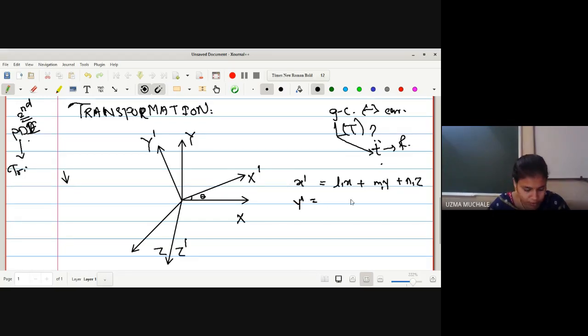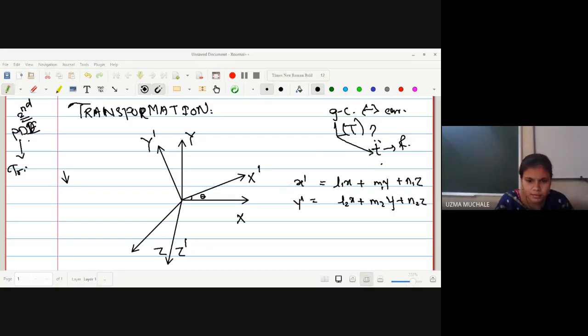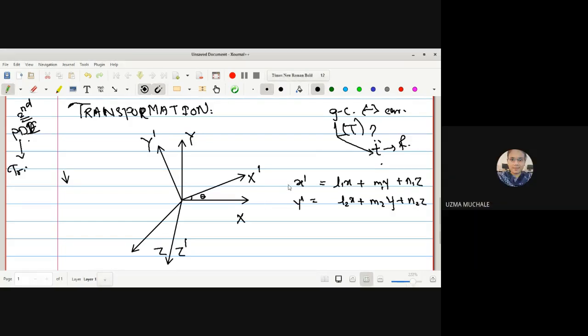Y dash is equal to L2x plus M2y plus N2z. Similarly, we can have z dash, that is a new one, which I can write as L3x plus M3y plus N3z. Okay.